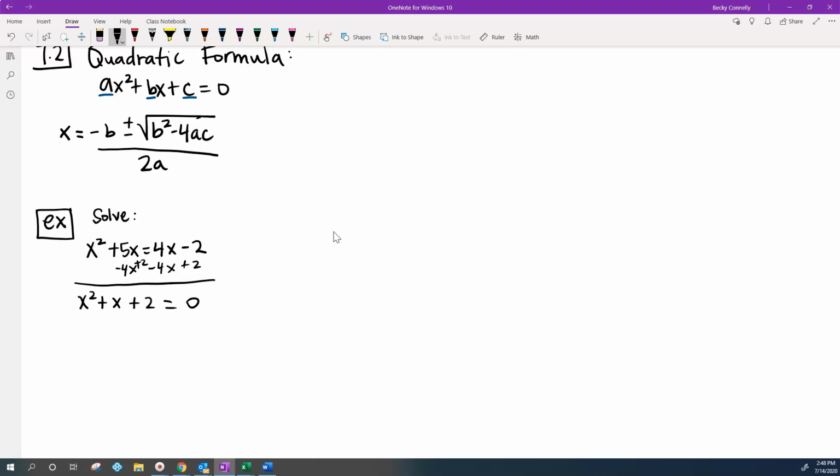Some of our coefficients look like they're missing, but remember, there's always a 1 in front. So we're going to have A equals 1, B equals 1 also. That doesn't happen all the time where those are the same. And then C equals 2.